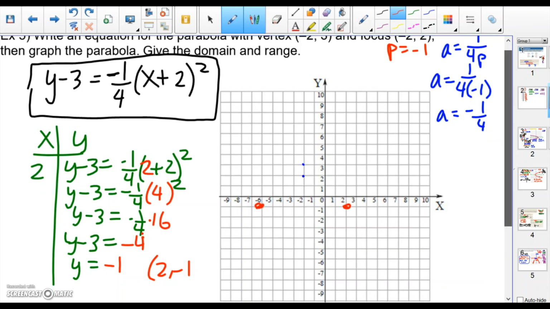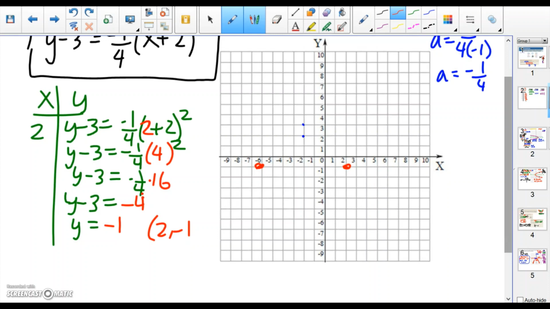Okay. If I plug in 0, I'm going to save you some time with the step. But you plug in 0, do the work, you're going to get 0, 2. So I've got this point 0, 2 right there, and then it's 2 away from the middle. So go on the other side. You've got symmetry, and you've got a point over there. So remember, we know this vertex is right here. We can draw our curve.